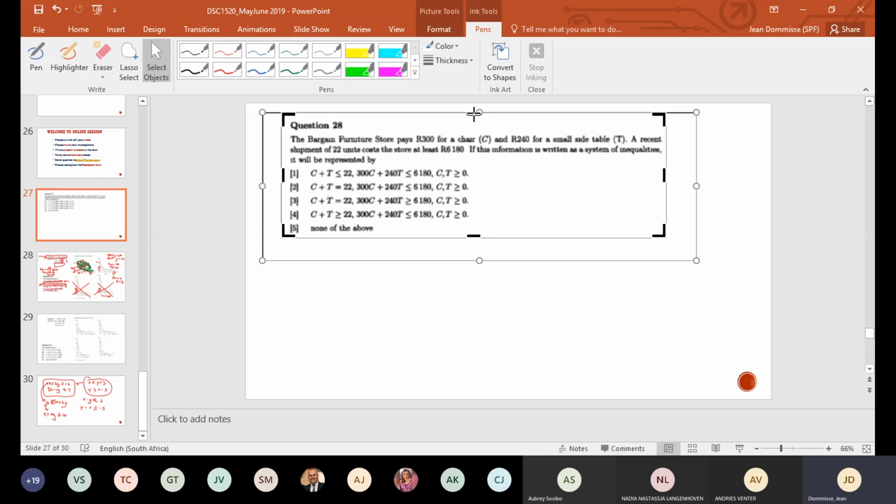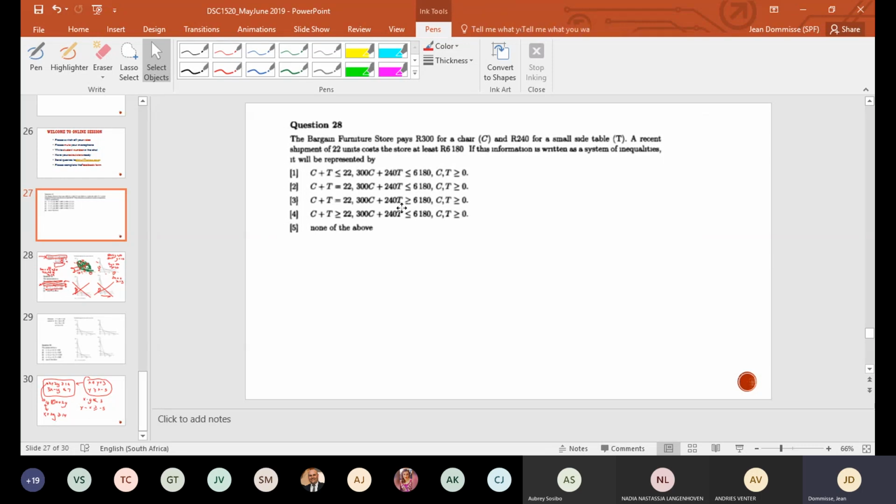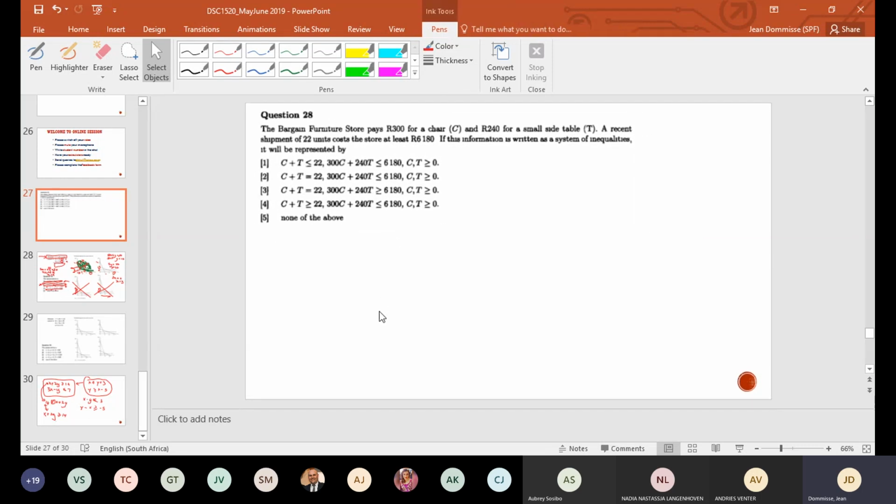So you need to work with this one in the exam to do it, or you basically just guess option 3. As we all said, that is your answer in any case. So let's quickly look at this one, and then after this one, if there are any questions, please post them on the chat.